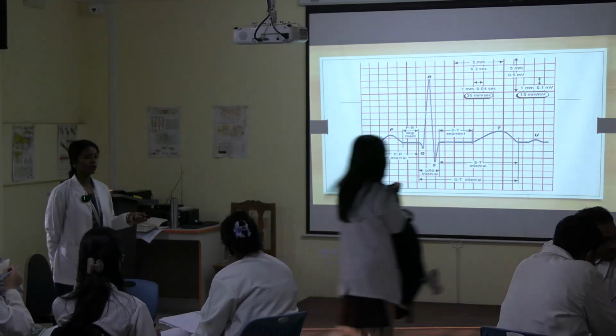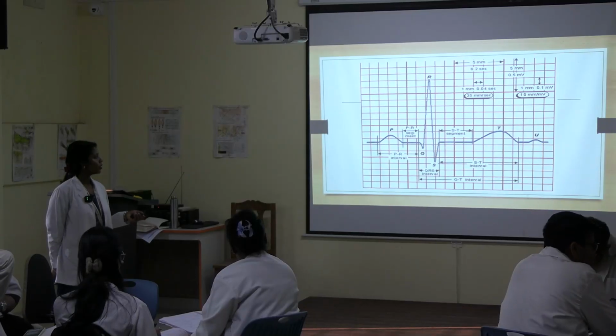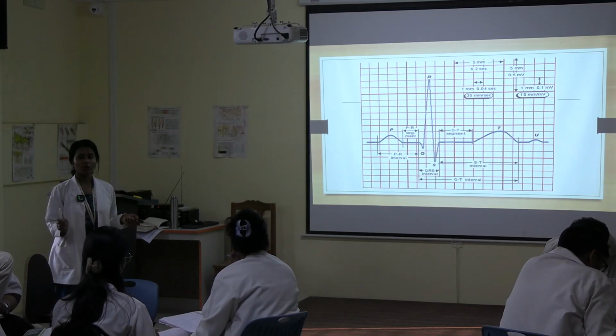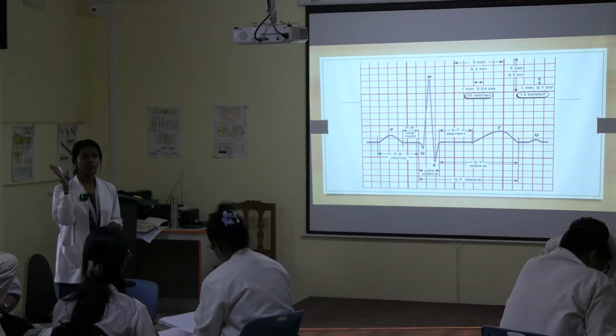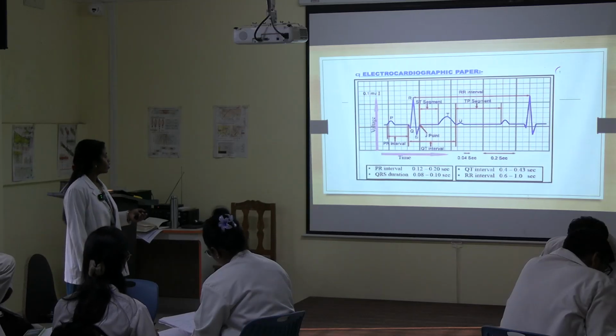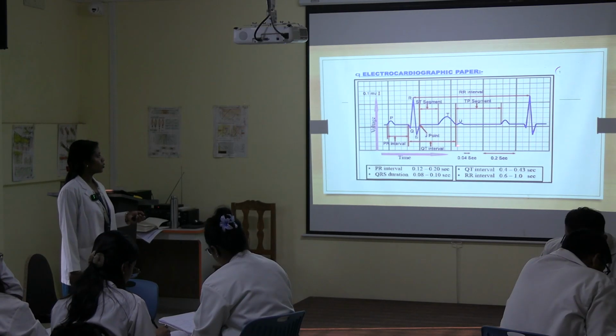So that will be QT interval. QT interval also you have to count. For intervals there is no amplitude, only the duration. So this is the PR interval, then QT interval.